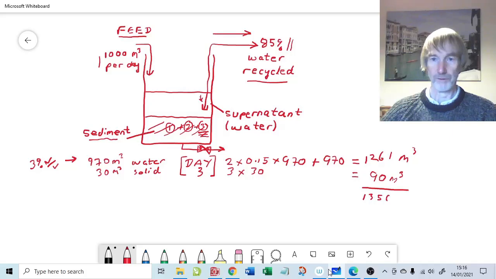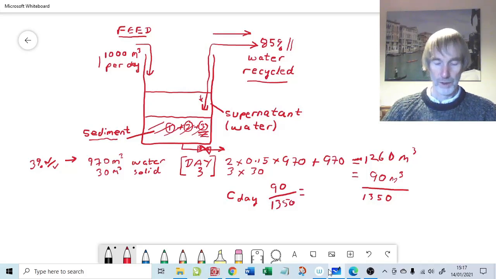I think I'm going to call it 50, to be honest, just to make life easier. Let's call that 0. It's near enough. It's approximately equal to. And that means that the solids concentration on day 3 is going to be equal to 90 over 1350, which is 90 divided by 1350, 6.7%.